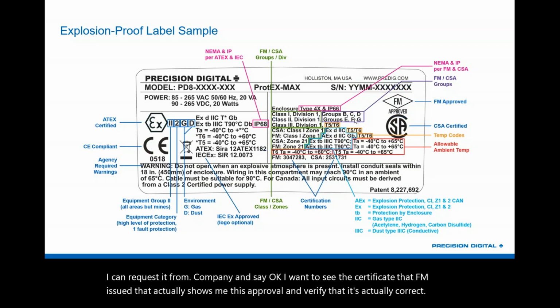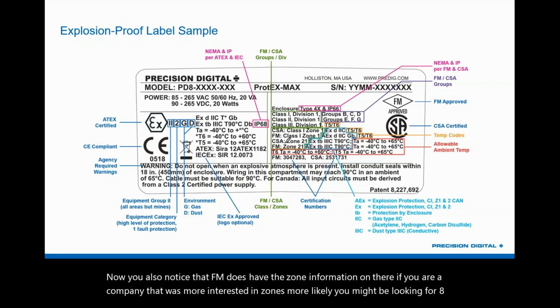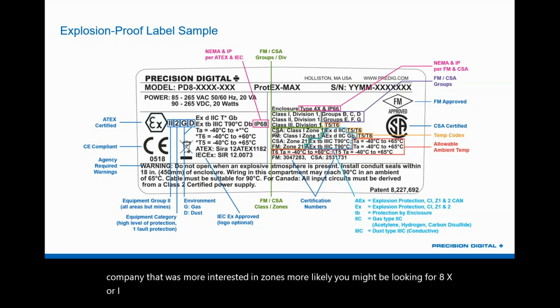Now, you'll also notice that FM does have the zone information on there. So if you were a company that was more interested in zones, more likely you might be looking for ATEX or IECEx, but let's say you wanted zones and you wanted FM zones, we have it approved with FM zones, and so you see some of that information on there.